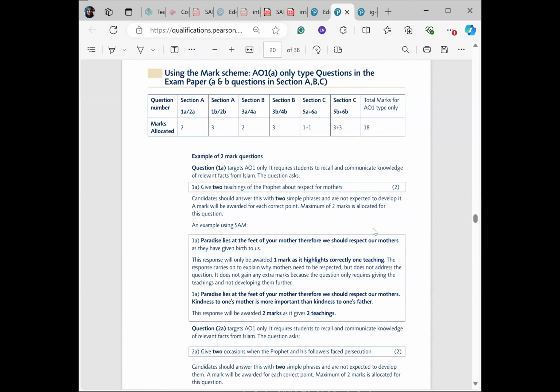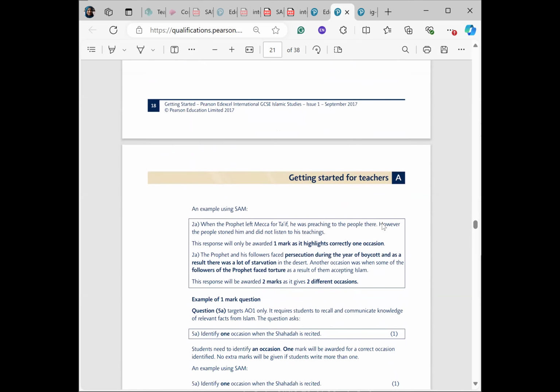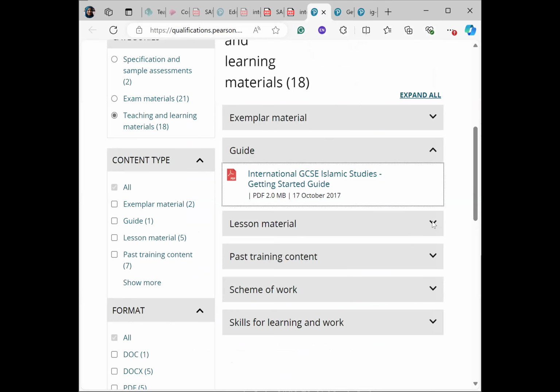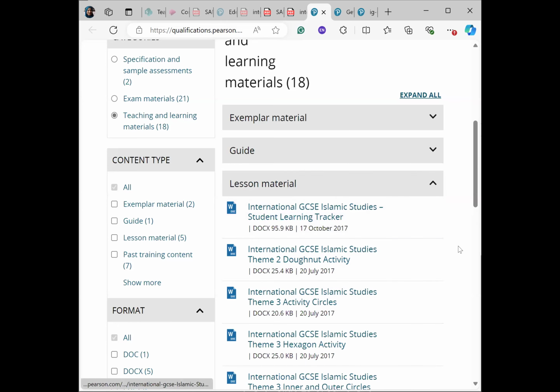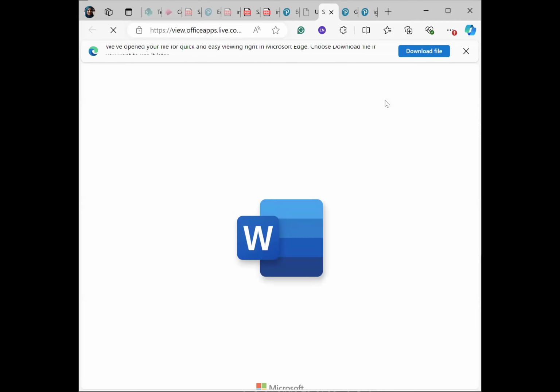And later on, when you exchange context, one thing that you can do is if somebody is preparing a resource, share it around. And once you share it around, somebody could even develop it even further. And that can be used even more for the students. Okay. So if I go back here, you have lesson material. So here you have a tracker for the students to see where they are.